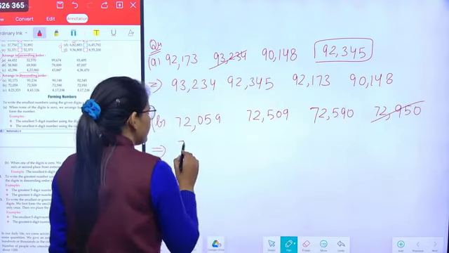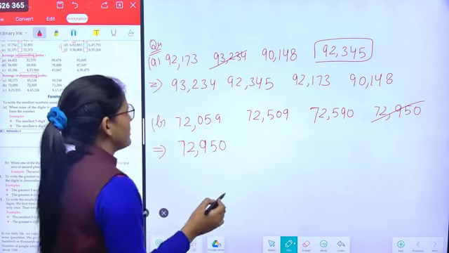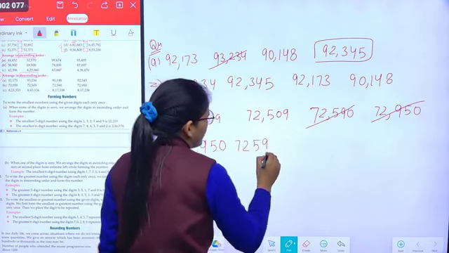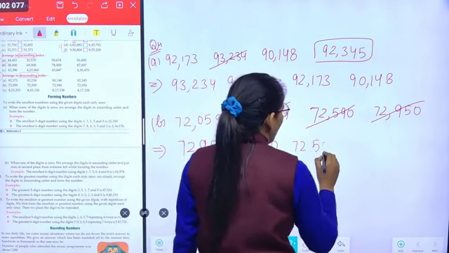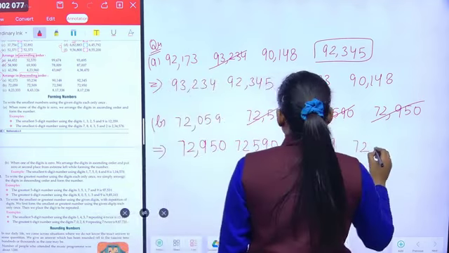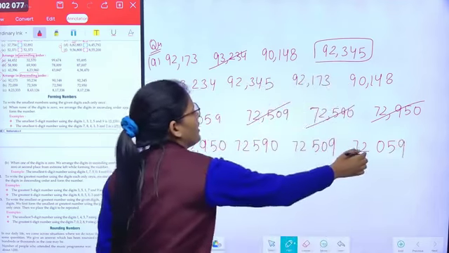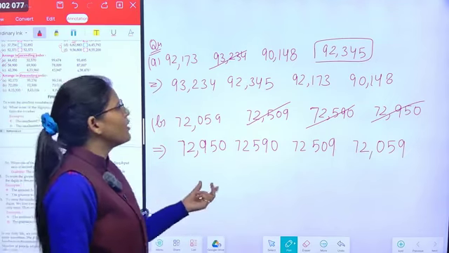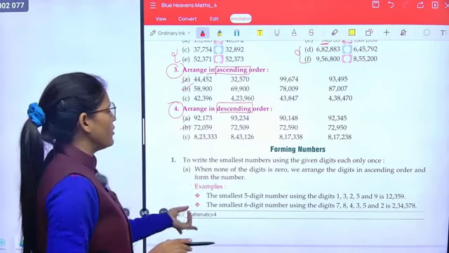It is greatest. Now rest, it is 72,590. Now it is 72,509. Now 72,559, 72,059. Understand class? This is descending order. I hope you all have understood very well. Now students, rest of the parts do yourself.